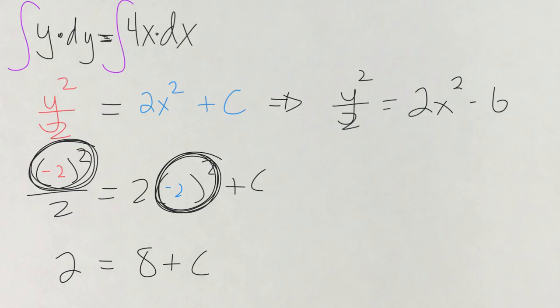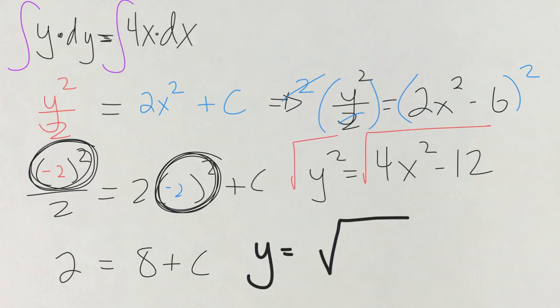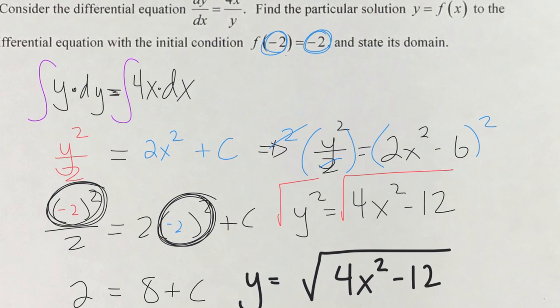Now we have to solve this for y. So we multiply everything by 2 to get rid of this denominator. Y squared equals 4x squared minus 12, and then we take the square roots. Okay, now here's the deal. Are you ready for the deal? Now, look at your initial condition.